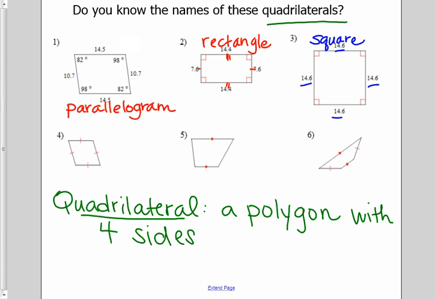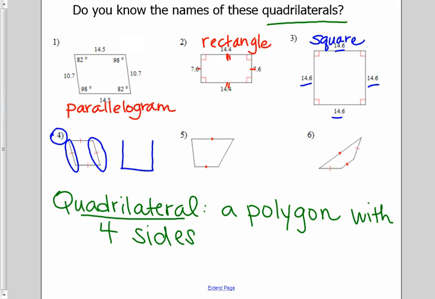Number four, do you know what this one is called? I see these little tick marks, which you learned a while ago that all four sides are congruent, right, if they're all marked with the same marking. But is this necessarily a square? And it's not, right? It's not a square because if you look at these two lines right here, squares typically have straight lines, right?